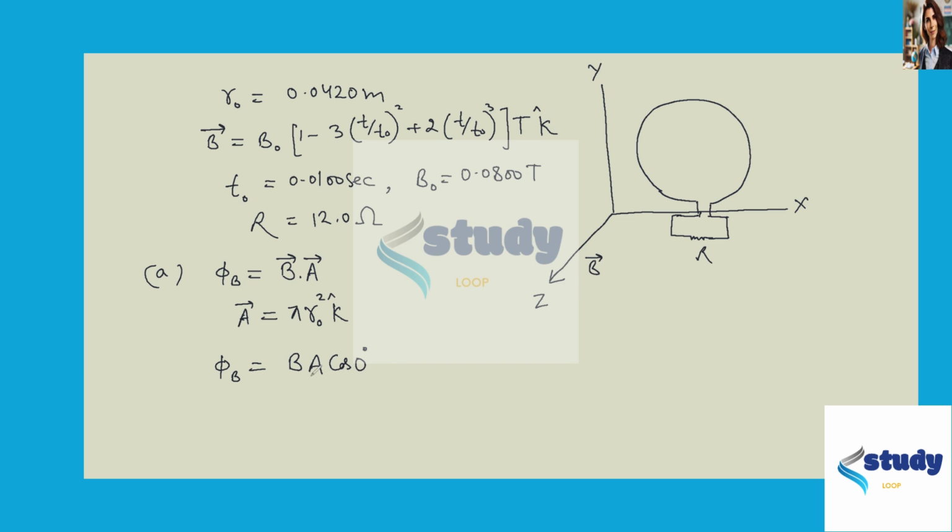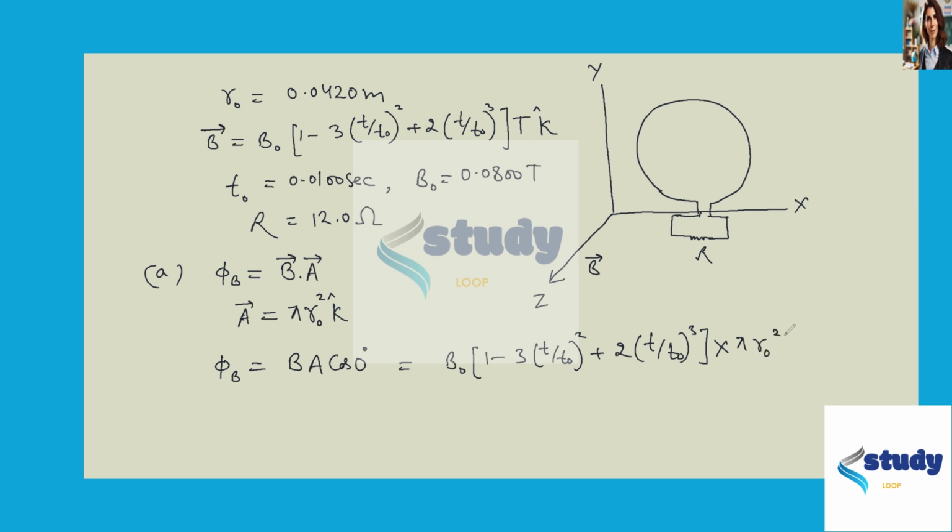So it is simply equal to the product of the magnetic field expression with the area. So it comes out to be B naught times 1 minus 3 times (t by t naught) whole square plus 2 times (t by t naught) whole cube, multiplied by the area, which is pi R naught square.